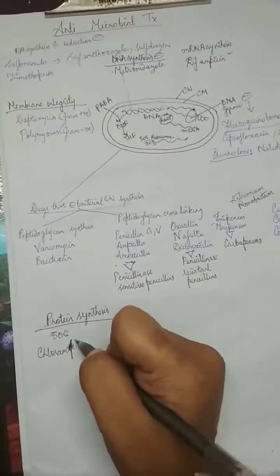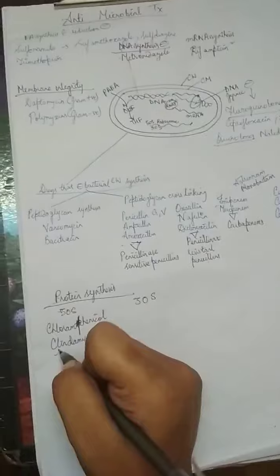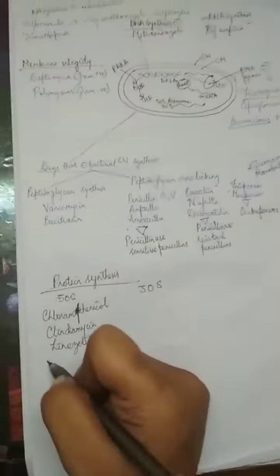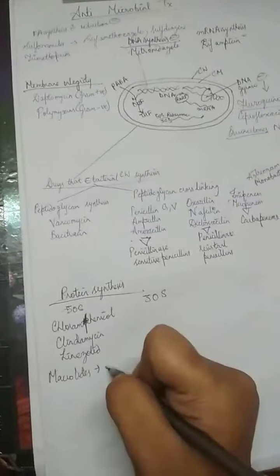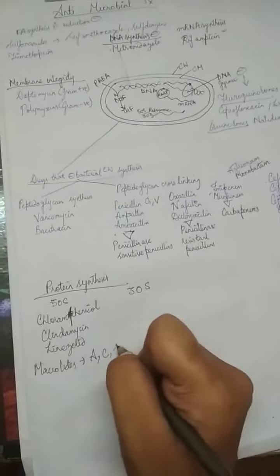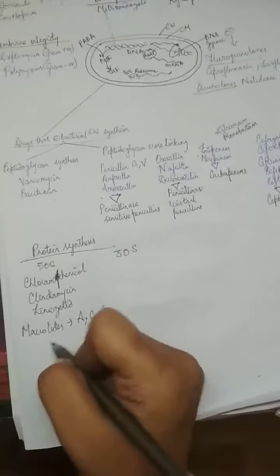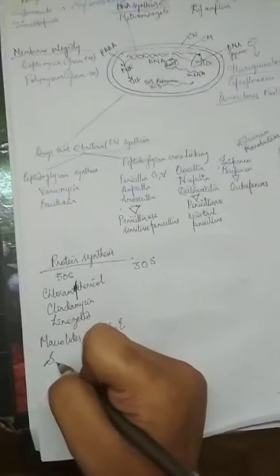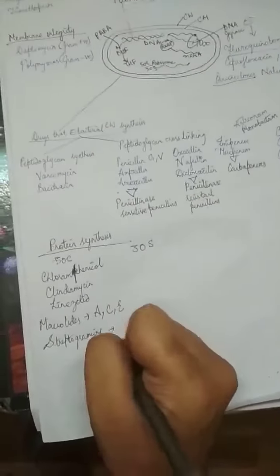So chloramphenicol. Then clindamycin, linezolid, some macrolides like azithromycin, clarithromycin, erythromycin, then streptogramins like dalfopristin.